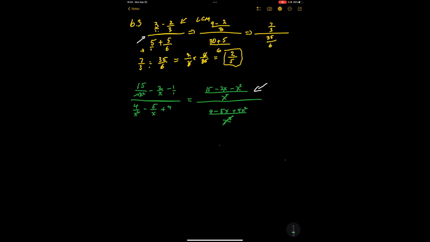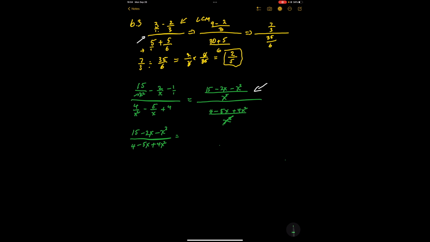So basically what you are left with is 15 minus 2x minus x squared over 4 minus 5x plus 4x squared.